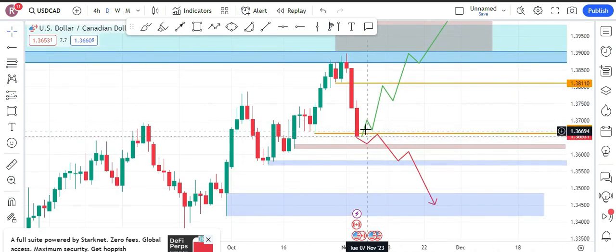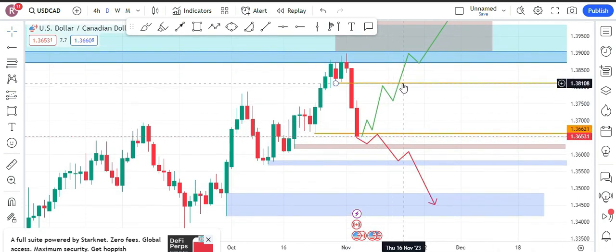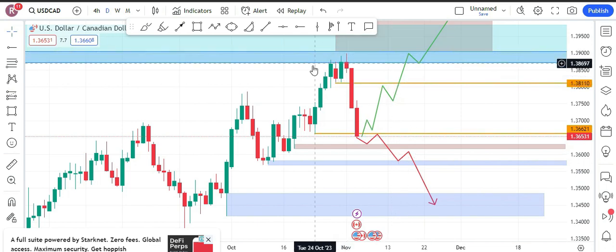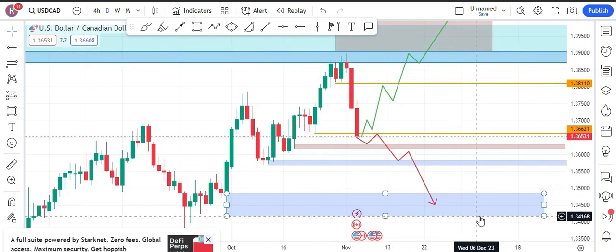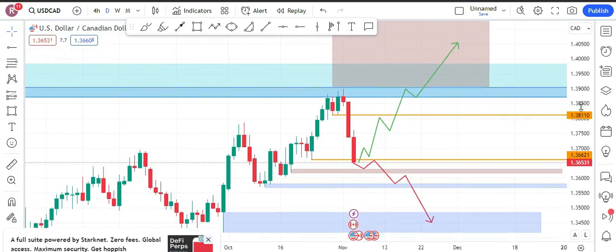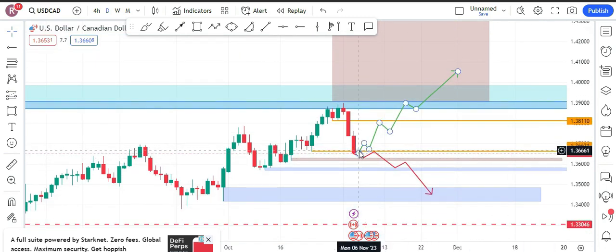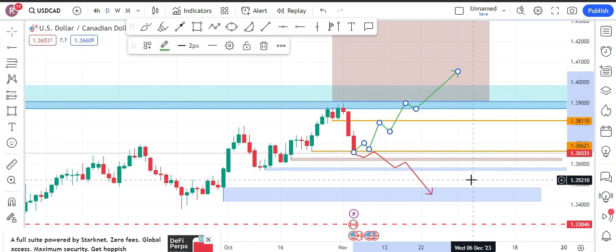So maybe the price will go up to this area or this area, acquiring all this weekly and daily time frame double top, and then it will come down. So it's not a sure shot, so please use a stop loss, so things will remain within your control.